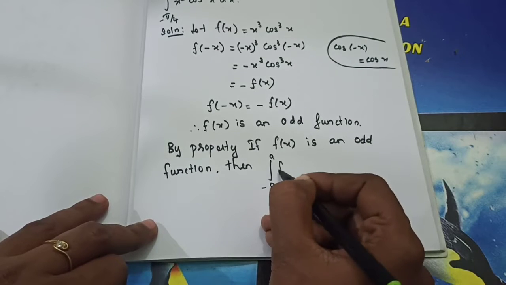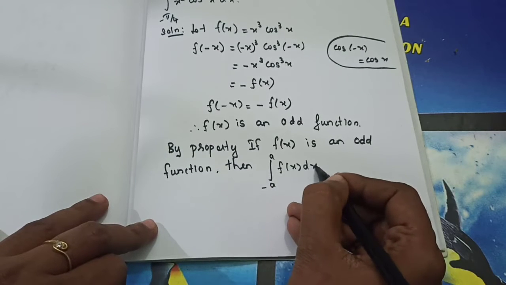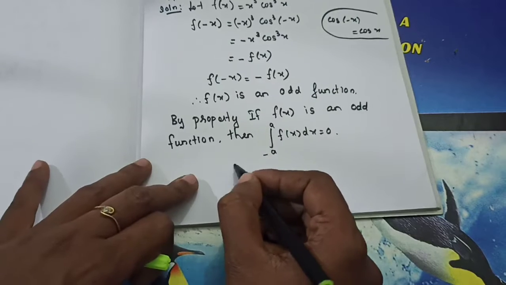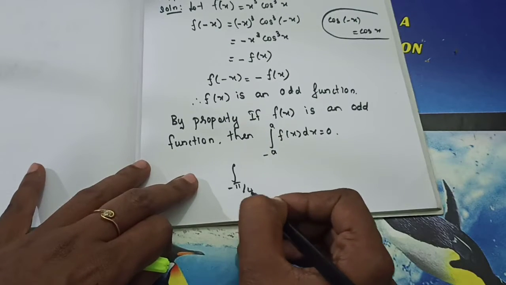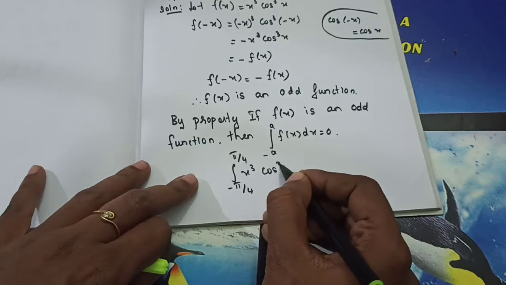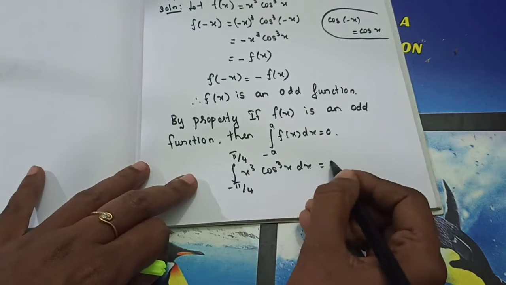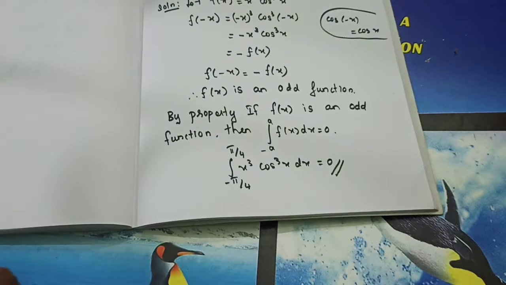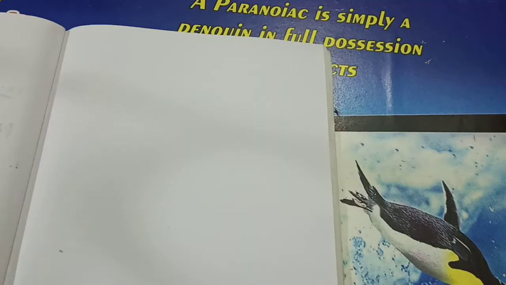Integral from minus a to a of f of x dx is equal to 0. What's the question here? Integral from minus pi by 4 to pi by 4 of x cube cos cube x dx. The value is equal to 0. This is the required answer. Got it? Okay, let's move to the next problem.